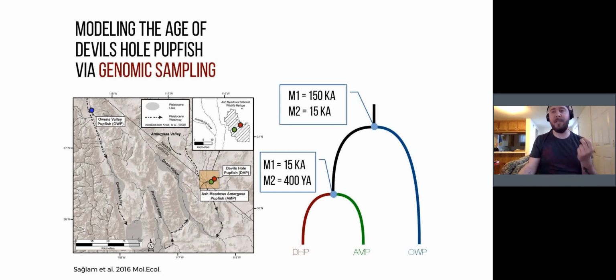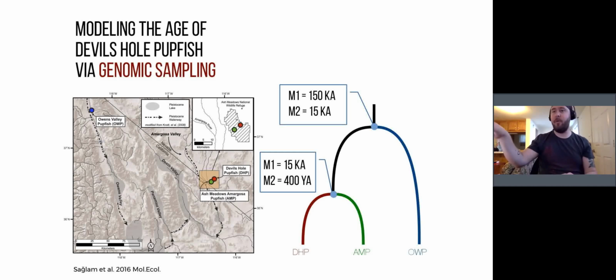And what we wanted to predict was, for example, given that this pupfish had diverged 400 years ago, what would be the genome-wide mutation rate? So we know something about the genome-wide mutation rate of vertebrates. So we actually wanted to test that. We wanted to test, given that this species diverged 200, 400 years ago, what would be the genome-wide mutation rate? Given that it diverged, let's say 20,000 years ago, what would be the divergence rate? And all of those kinds of questions.